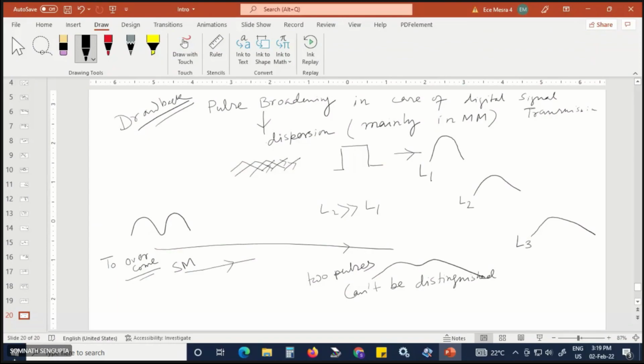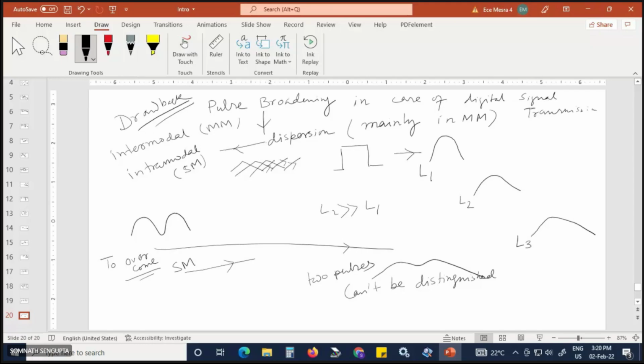intramodal dispersion. So dispersion is of two kinds: intermodal and intramodal. Intermodal occurs in multimode fiber, and intramodal means within one mode, still a few wavelengths exist, generally within a very narrow wavelength range.